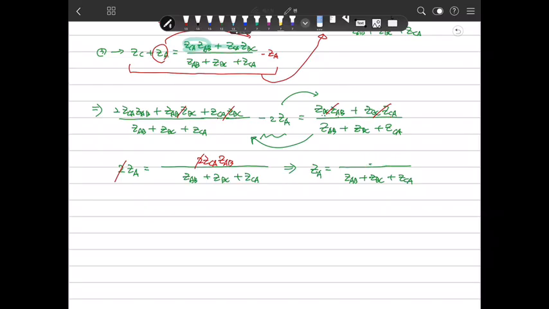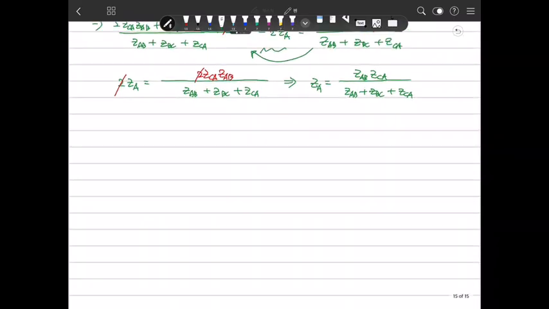We can use the same sequence for the other terms. The same way, we can calculate GB, and the result is GAB GBC over GAB plus GBC plus GCA.